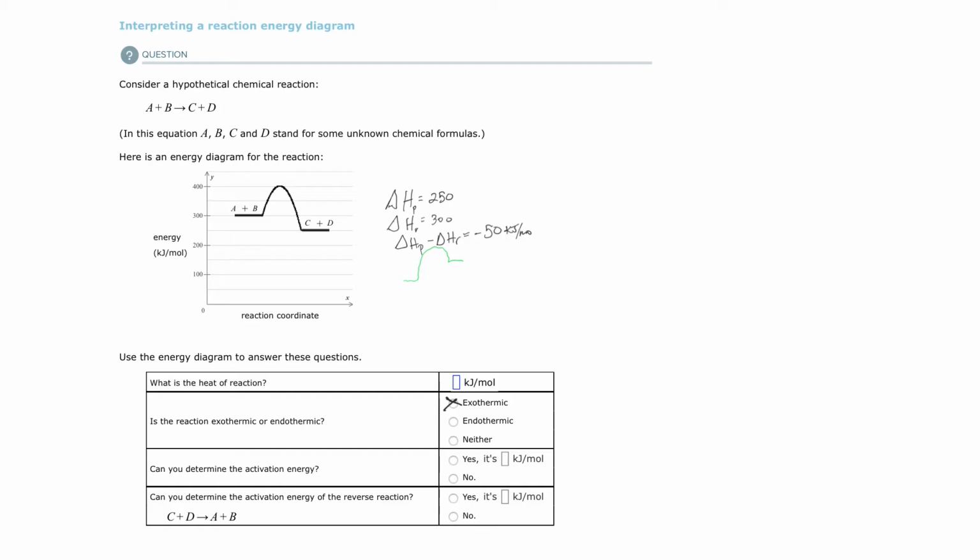So let me put up a definition of activation energy. The activation energy is the energy that you have to put into something in order to get something out. Normally you want a good investment. You want to invest a little bit and get a lot. If you look at the energy diagram here, I've got 300 kilojoules per mole of energy inside the bonds on the left and only 250 on the right.